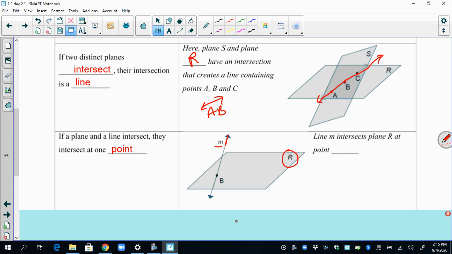Well, it goes down through, it's not lying in the plane, it goes through it. So it goes through the paper at point B, and then these dotted lines mean you can't really see it, it goes down below that plane. And so the line M intersects plane R at point B. Point B would be the only thing they have in common.